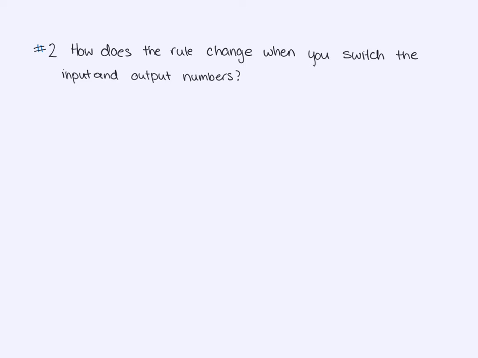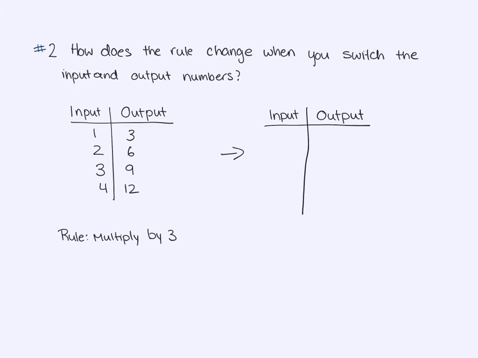Question 2 asks you how the rule changes when you switch the input and output numbers. So if we look at the example that we just did, where we have our input and output numbers and our rule is multiply by 3, to switch the numbers, we literally put the output column in the input. So we put 3, 6, 9, 12 first, and then our input numbers would go in the other column.